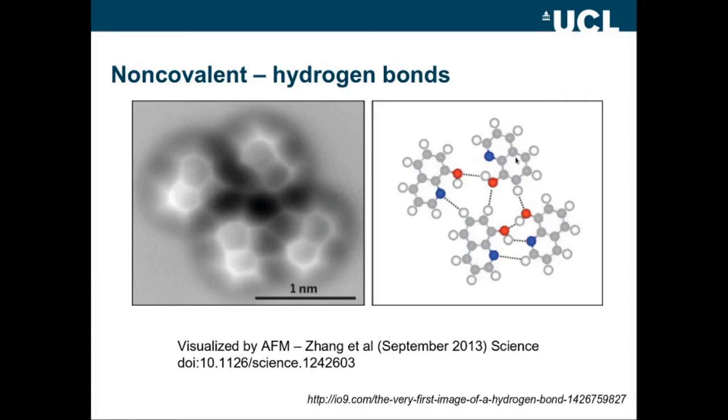This was the first time this was seen, where you could actually see hydrogen bonds by atomic force microscopy. So here we've got a number of molecules, and this is a diagrammatic representation on the right, and you can see where the network of hydrogen bonds is. You can actually see them in this AFM image on the left.